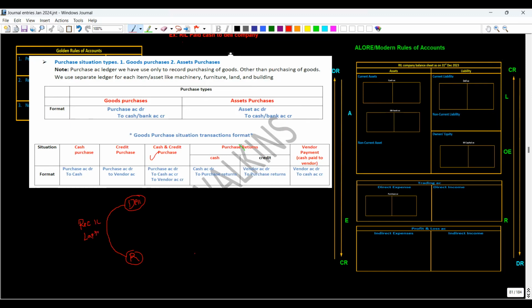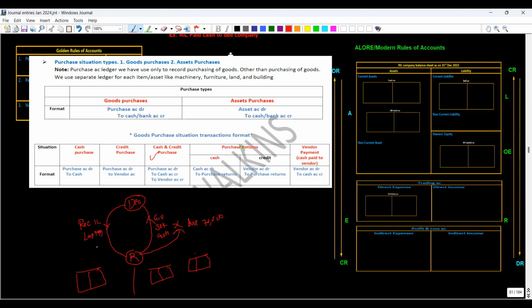The total purchased goods value is 1 lakh, but our company is giving cash of 30,000 and the due is 70,000. So the receiving benefit value we have to record in one account and the giving benefit value we have to record in separate accounts.